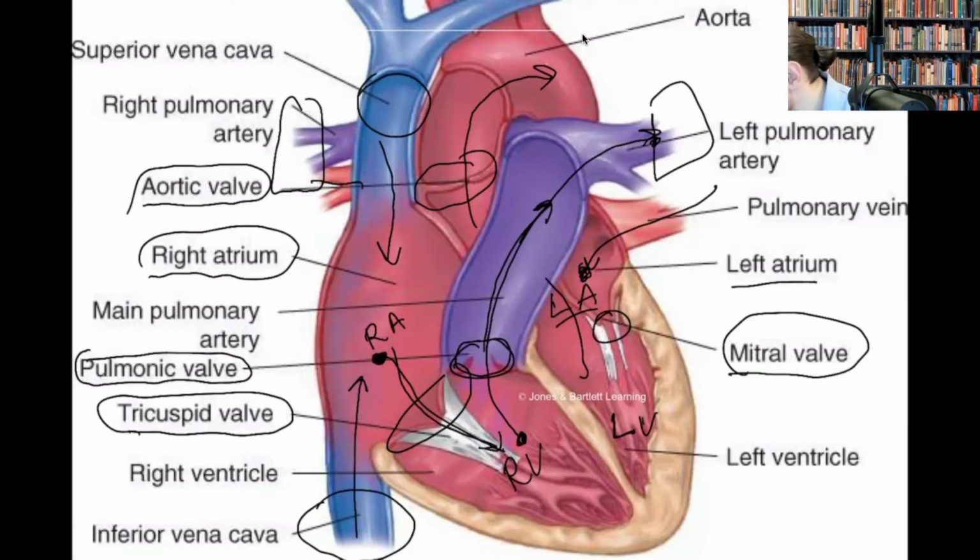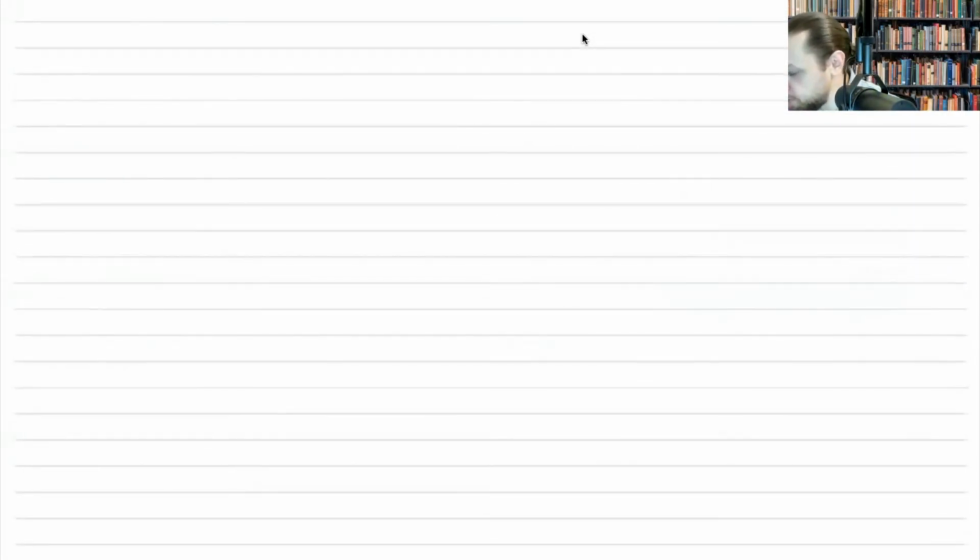Now, what I'm going to do is draw it out for you so that you guys are familiar with the system. I want you to be experts in this. I'm going to make two hearts. So it's going to be a schematic drawing, and we're going to start here.